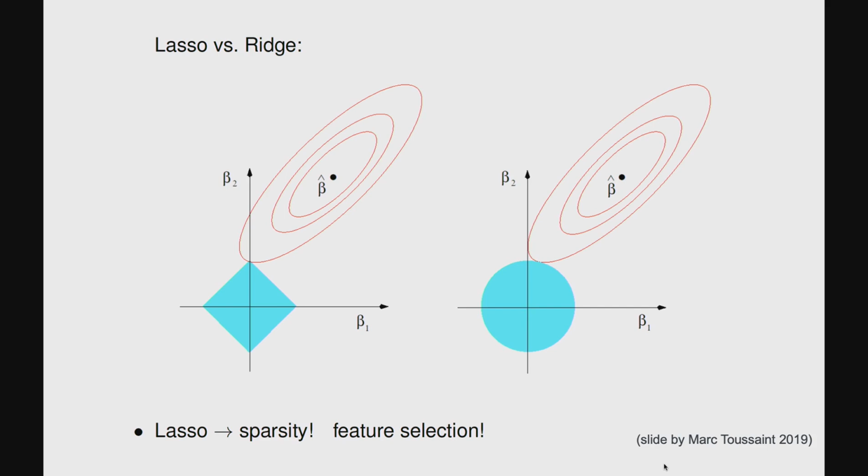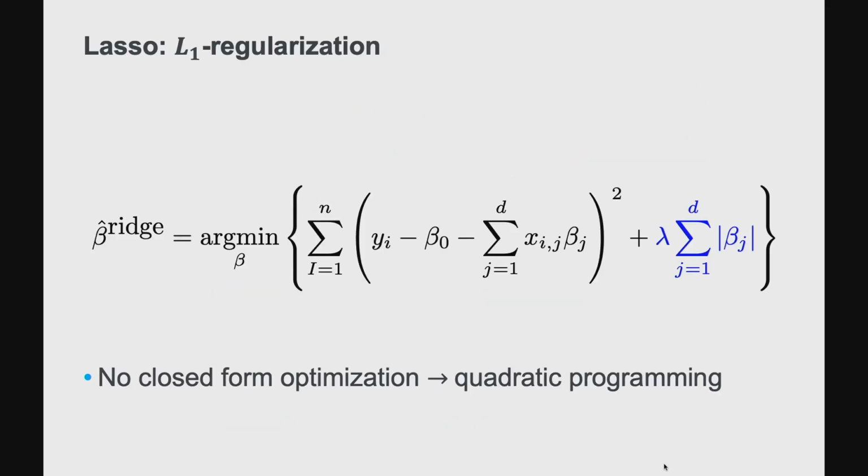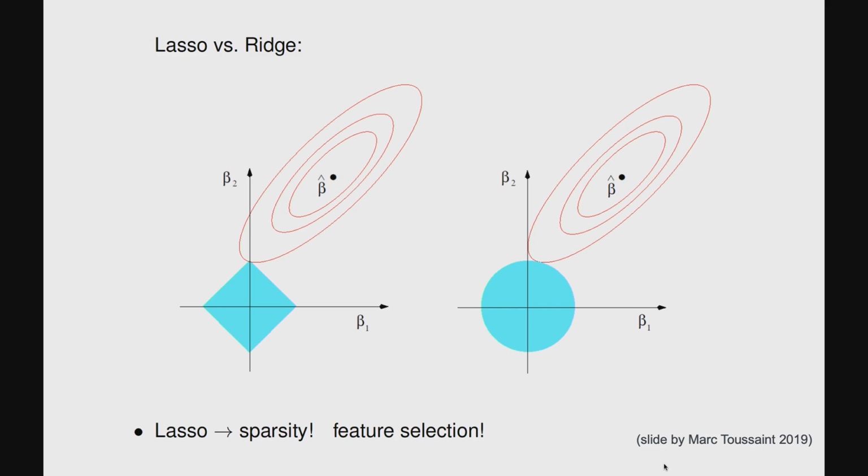So let's look at the possible values of beta. So this is beta 1 and beta 2. Let's say we solve for beta 1 and beta 2. Remember, we suggested that the absolute value of beta 1 plus the absolute value of beta 2, that was in this version, is less than some value. So if this sum is less than some value, the two values of beta are inside of this diamond.